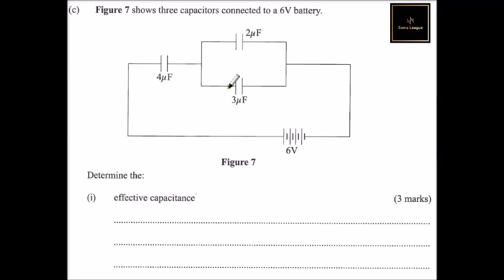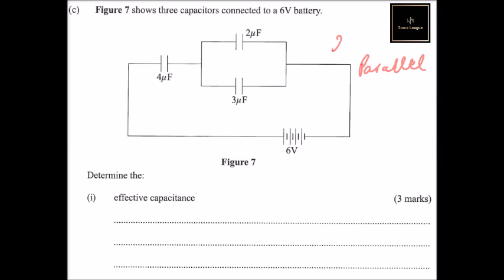So number 15C, we are told figure 7 shows 3 capacitors connected to a 6 volts battery. So we have this is our capacitor, a 2 microfarads capacitor, and a 3 microfarads capacitor. So the 2 microfarads and 3 microfarads capacitors are connected in parallel. So these are parallel.